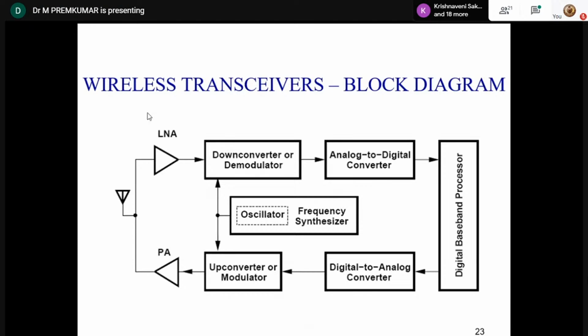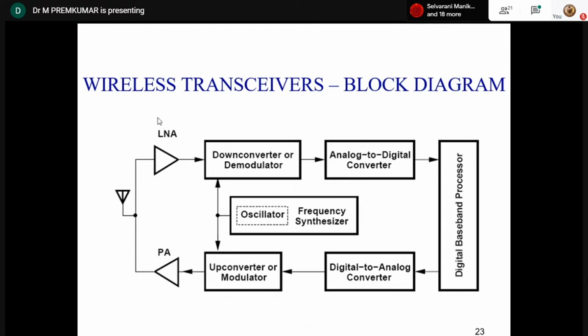Okay. So this is another setup whereby you have wireless transceivers. You have a common transceiver. You have a low noise amplifier at the receiver side and a power amplifier at the transmitter side. So you can work on providing proper solutions or going in for some fabrication for the RF section.